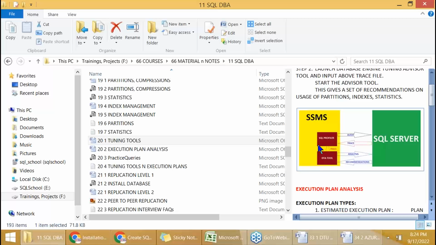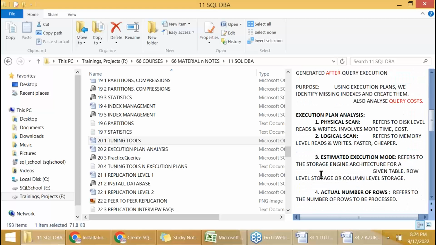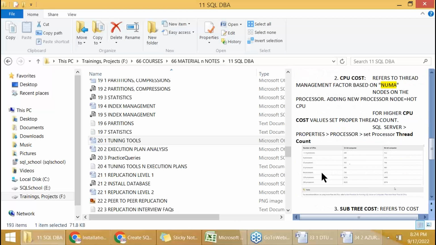You remember that? On-premise, non-cloud. Profiler, trace, DTA tool, recommendations, right? Hope you are following it, from the earlier, older classes.